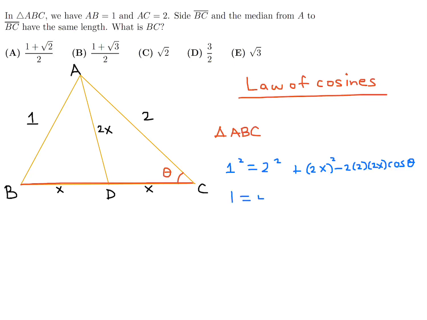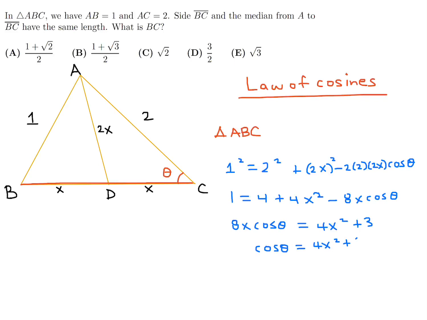We get 1 is equal to 4 plus 4x squared minus 8x cos theta, like that. And then 8x cos theta is equal to 4x squared plus 3. And therefore cos theta is equal to 4x squared plus 3 divided by 8x. So that's about as far as we can go with that triangle.